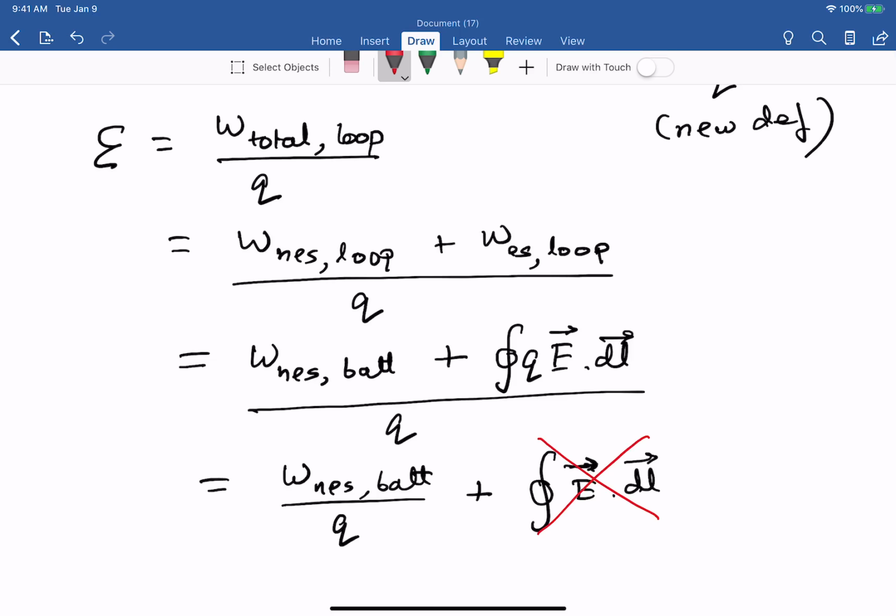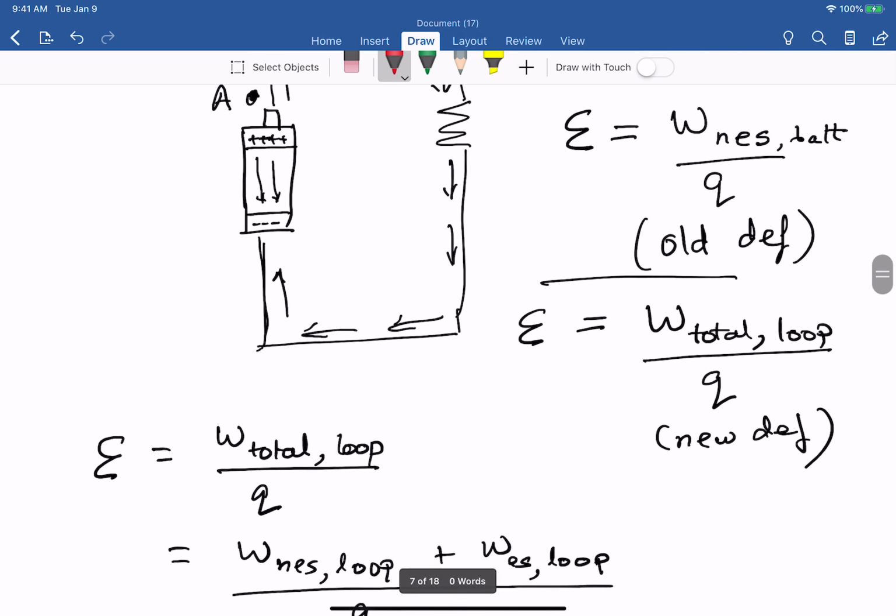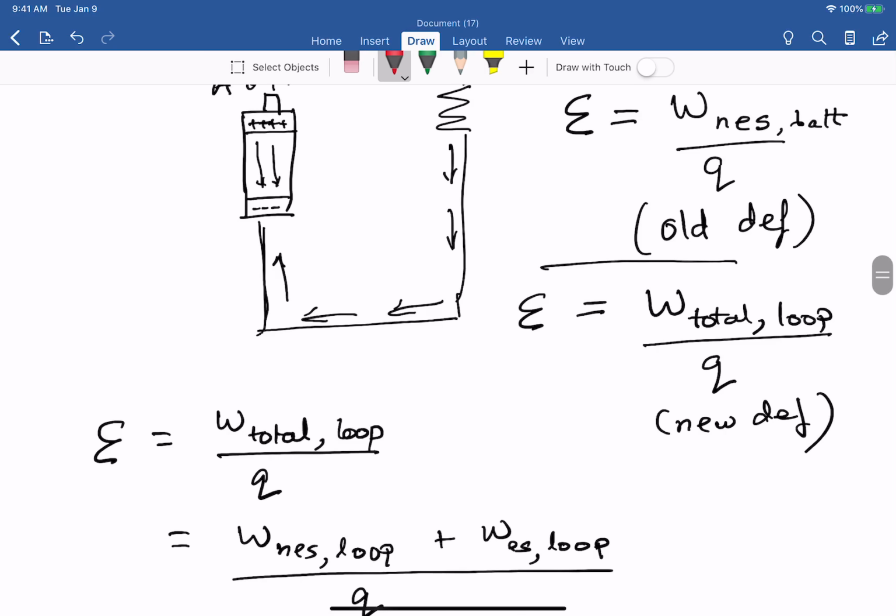And so we end up getting the same thing as the previous definition. So same thing as this, right? So the two definitions give you exactly the same result for the kinds of circuits that we've seen so far. Okay.